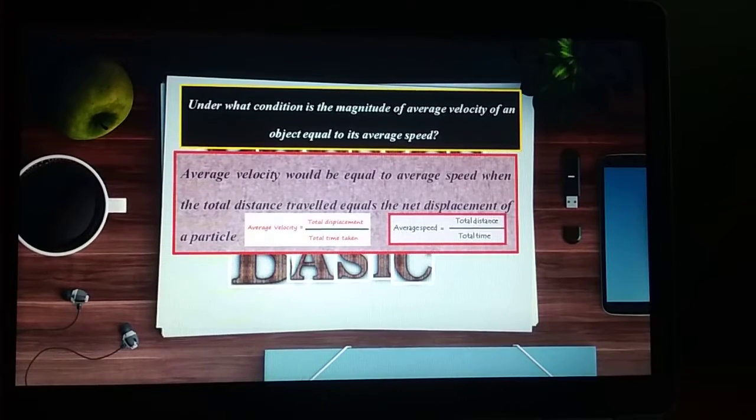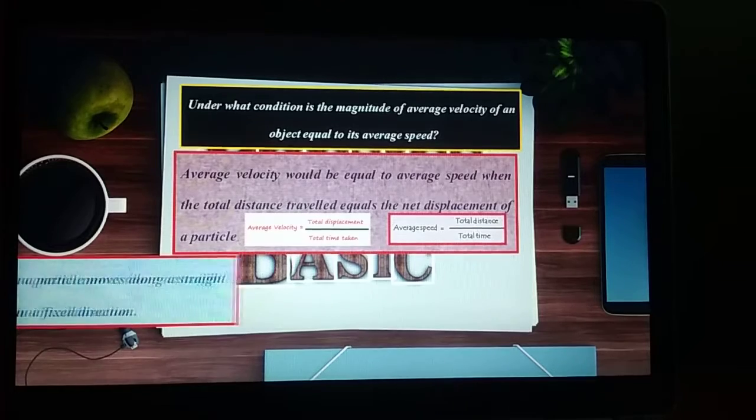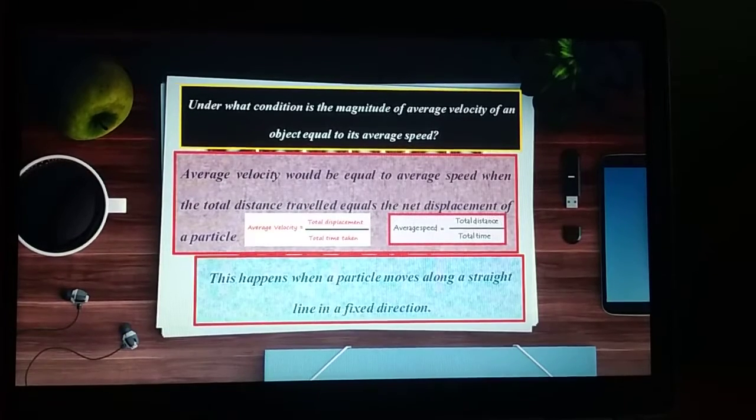Clear? So there is no mention of direction. So we are considering only the magnitude, and this will happen when a particle moves along a straight line in a fixed direction, because we are considering only the magnitude, not the direction.